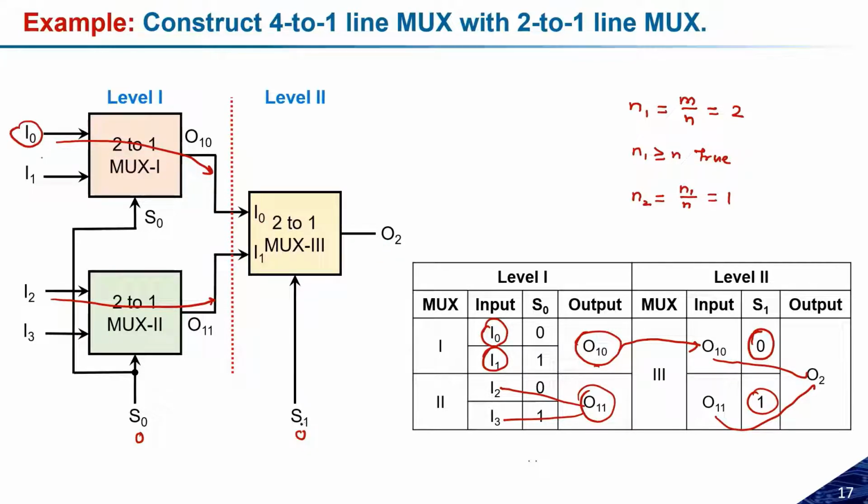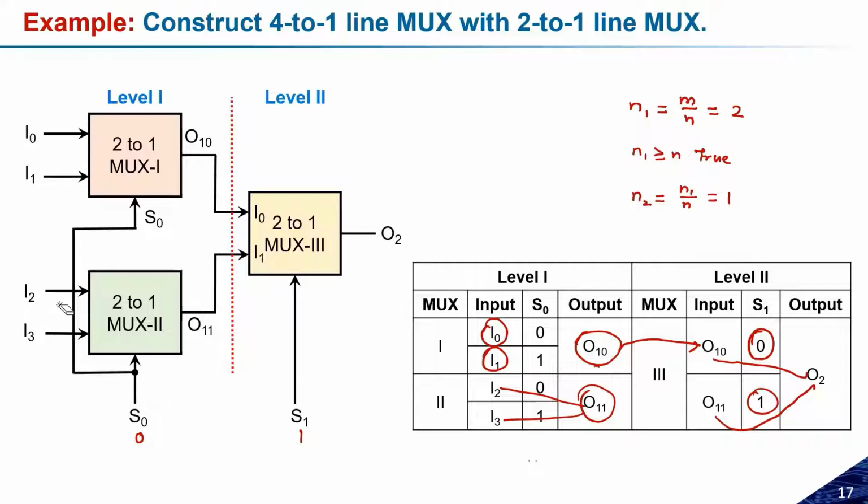If it is 0 and 1, in that case what will happen? This I1 will be transferred, which is nothing but the I2 input for the 2:1 multiplexer. So I will transfer this logic through this one. Similarly for other combinations: if the combination is 0, 0, then I0 will be the output.